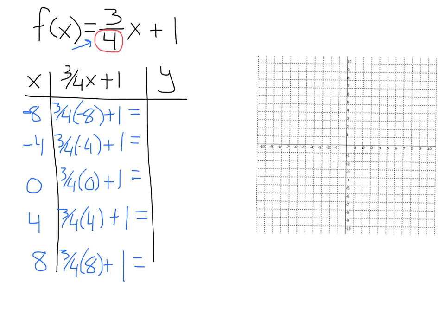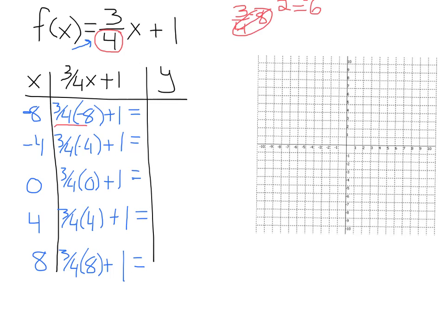So, 3/4 times -8. We know how to multiply fractions and integers. Well, I could do the cross simplify. 8 divided by 4 is 2, and 3 times 2 is 6, but one is negative, so my final answer is negative.